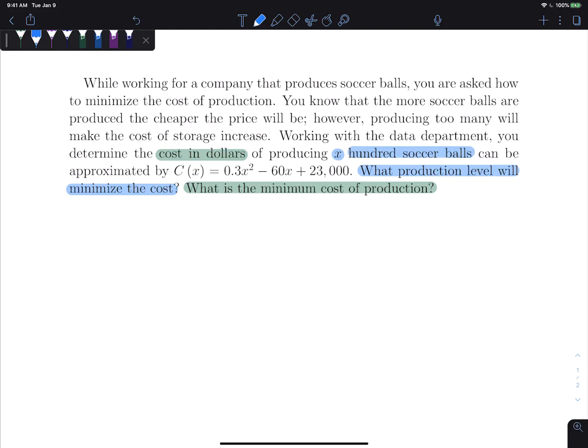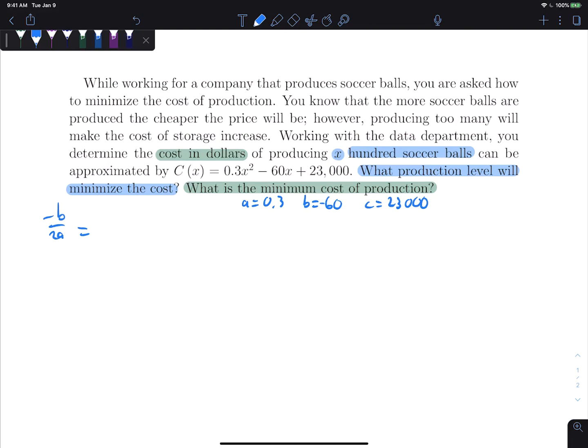So to figure that out, let's look at the x. I'm just going to use negative b over 2a here. In this case, a is 0.3, b is negative 60, and c is 23,000.